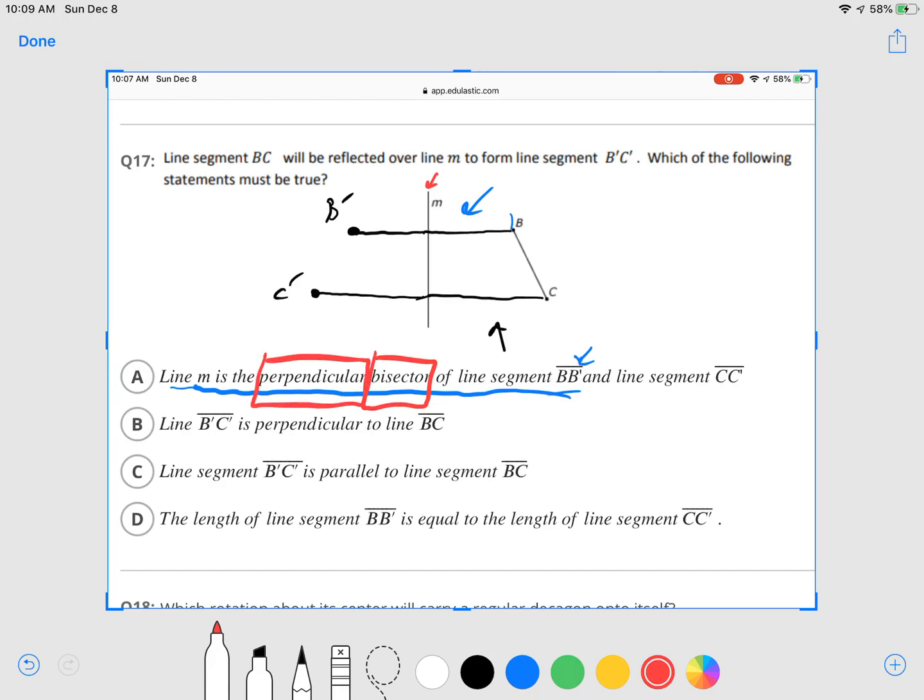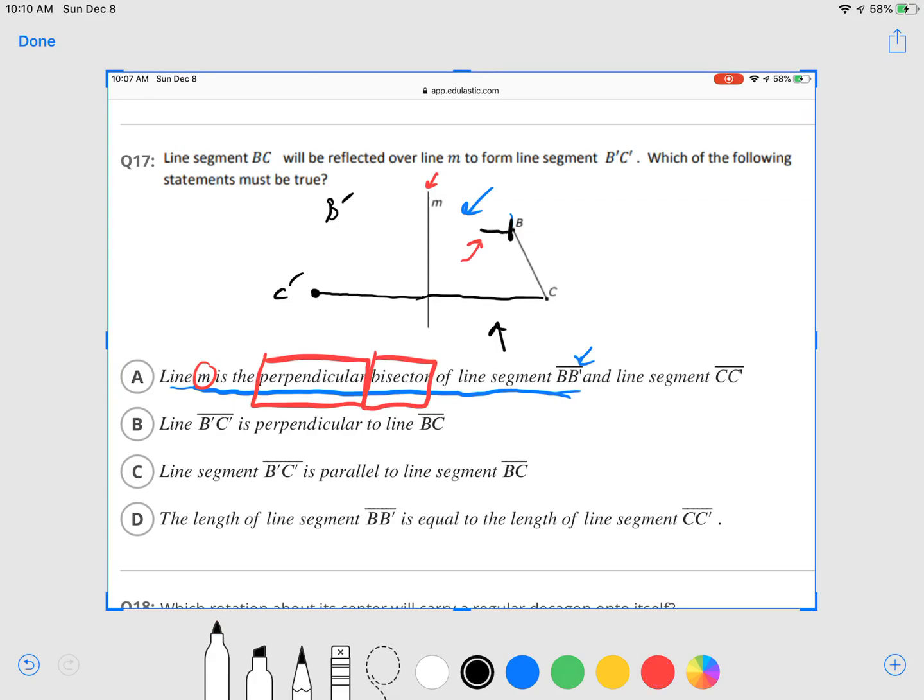Now, what about the perpendicular part of M being the perpendicular bisector? Well, that's also a consequence of the way we do reflections. This line right here that I drew showing the distance to the line of reflection, the way I drew that line was like this.